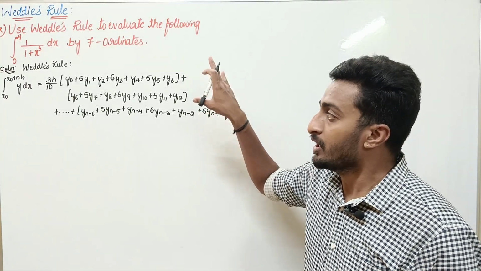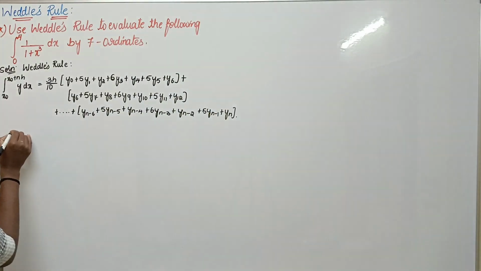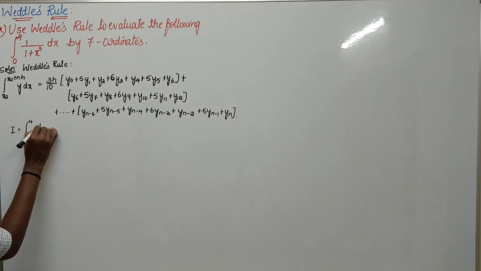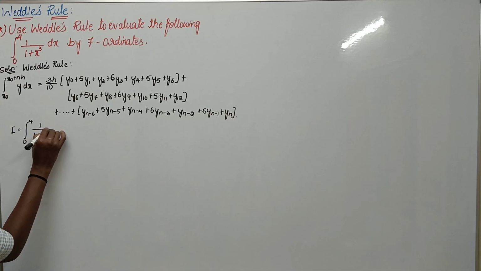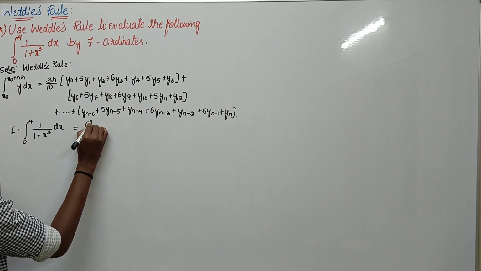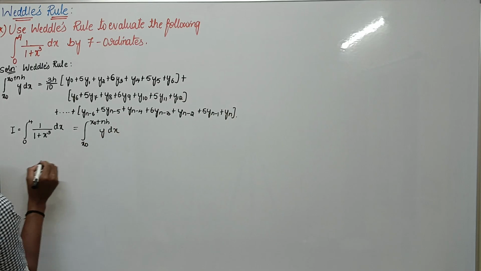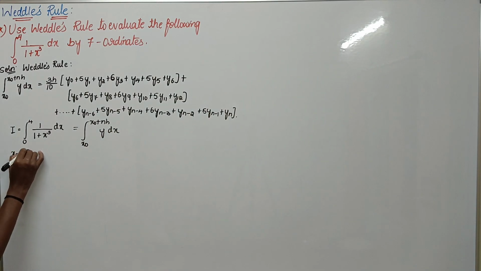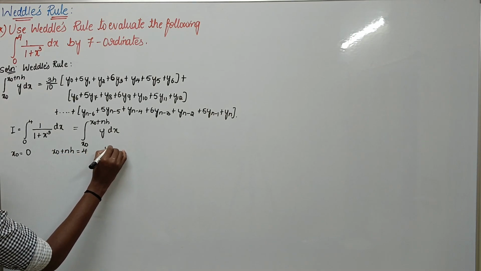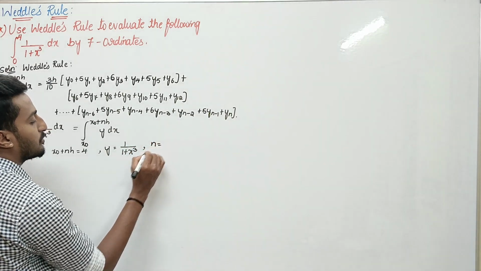Considering this formula itself, we are going to represent the approximate value of the given integral function, that is I, which is equal to integral 0 to 4 of 1 divided by 1 plus x cube dx, where this can be represented as integral x naught to x naught plus n into h of y dx, where x naught represents 0, x naught plus n into h represents 4, y equals 1 by 1 plus x cube, and n represents the interval.